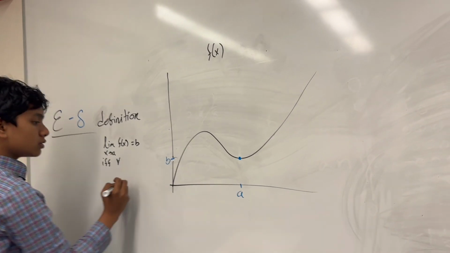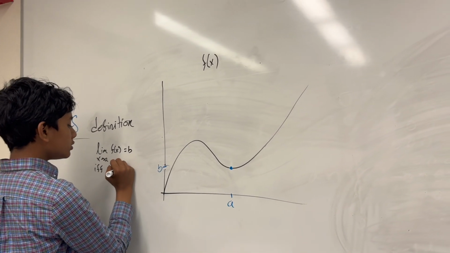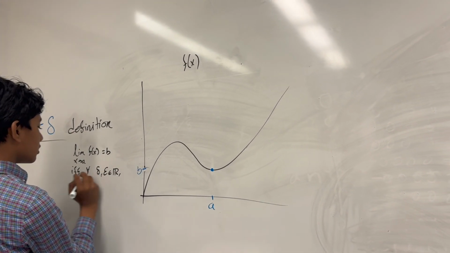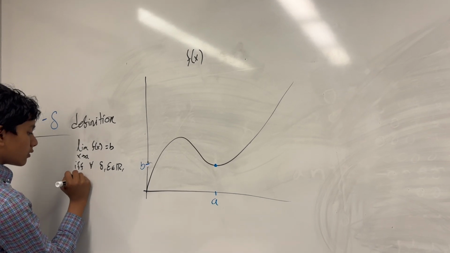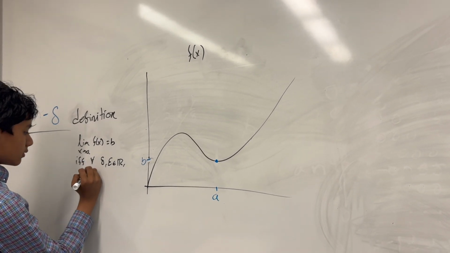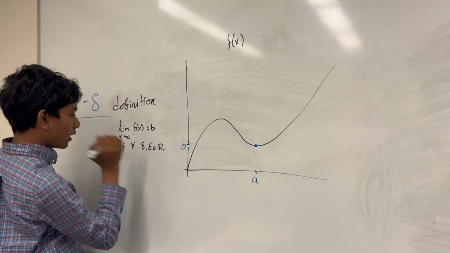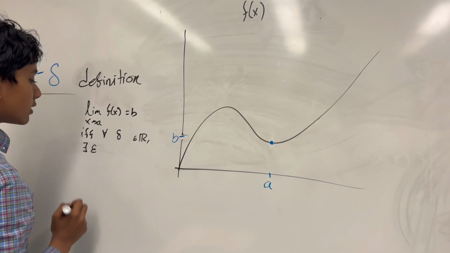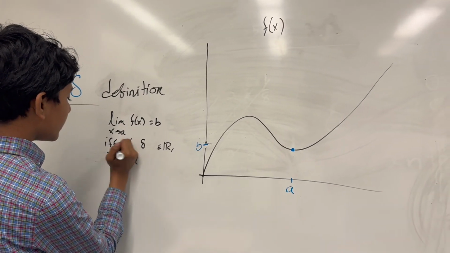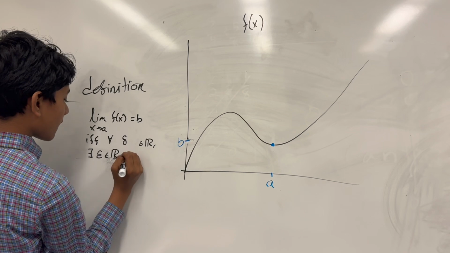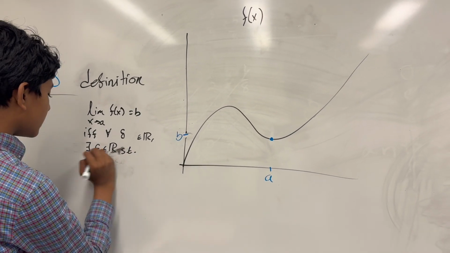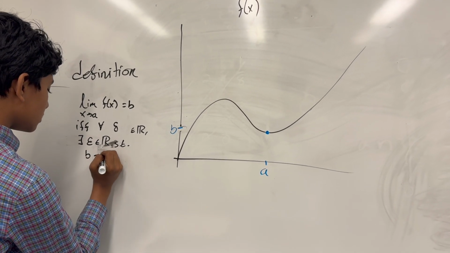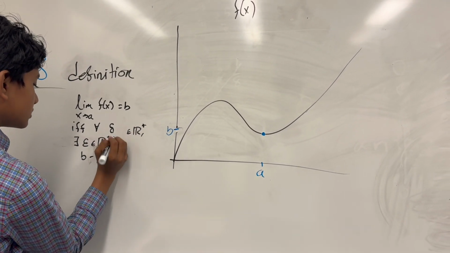for all delta and epsilon in the real numbers, for all, there exists an epsilon, for all delta in the real numbers, there exists epsilon in the real numbers such that b minus delta, and I guess we should put the plus signs on them too.